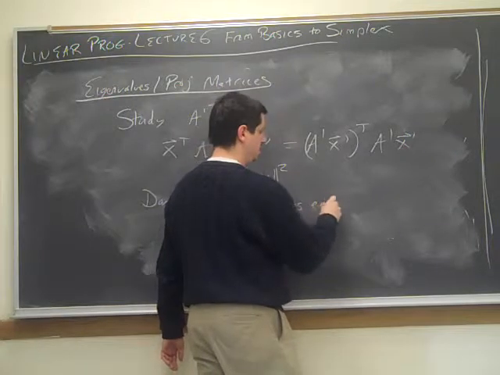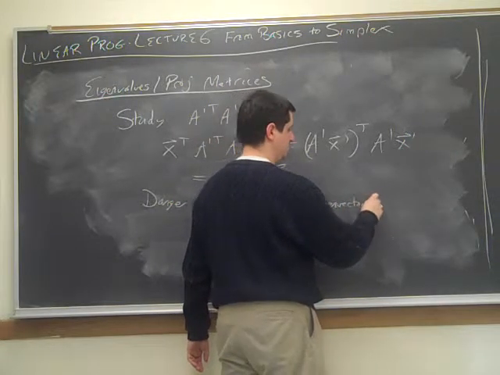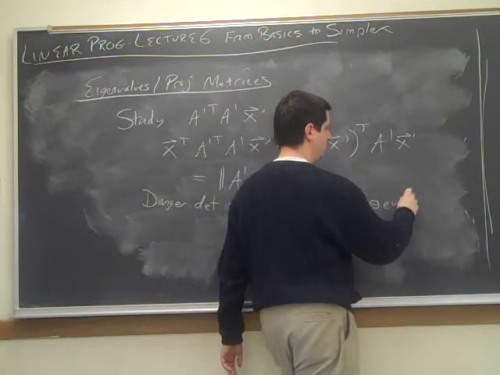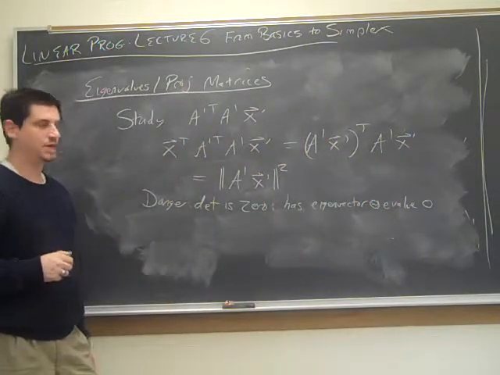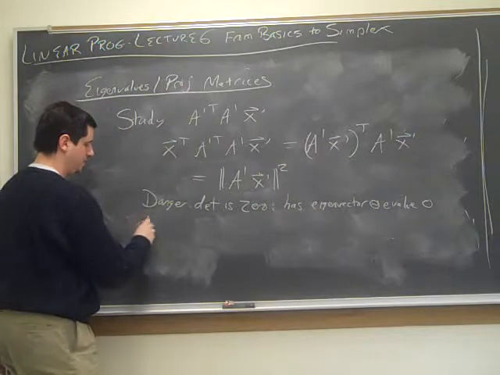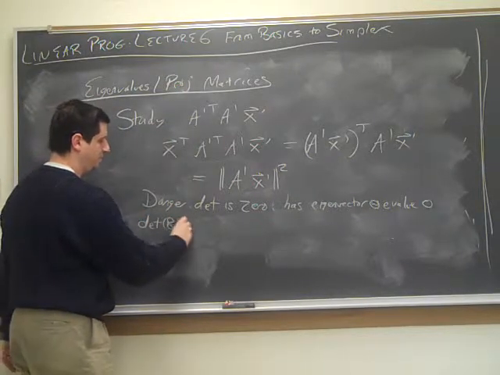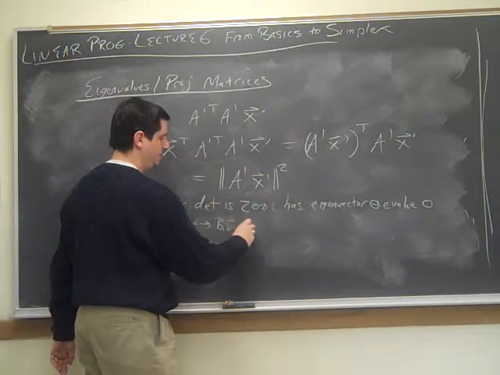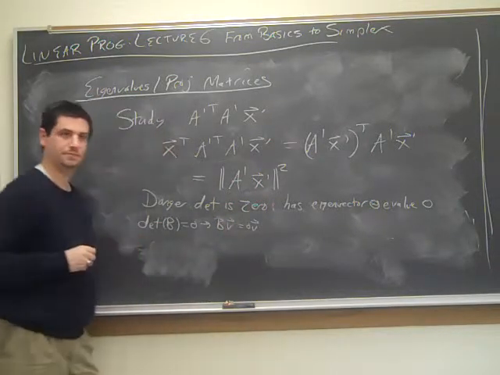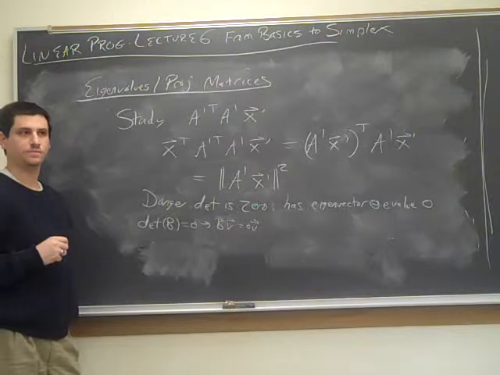So, determinant of B equals 0 means BV equals 0V for some vector V.